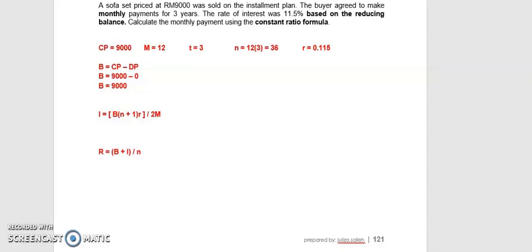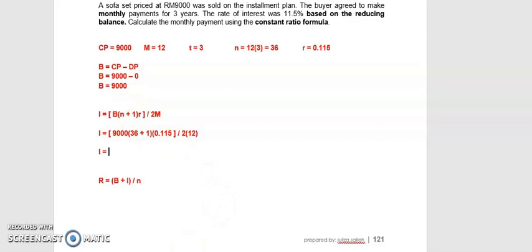So calculate interest first. I equals balance, which is 9,000, multiplied by N, 3 years, so N is 36, plus 1, multiplied by R, which is 0.115, and then divided by 2 multiplied by M. So M equals 12.